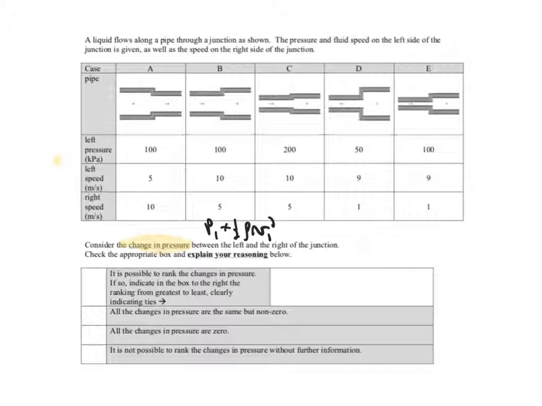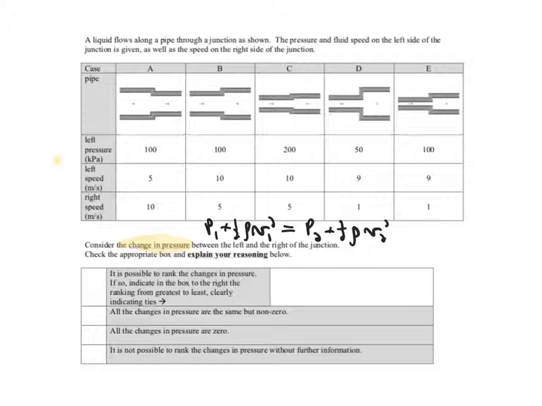So the internal spring-like energy of the fluid plus its kinetic energy should stay the same. So pressure 2 plus 1/2 rho velocity 2 squared. It's the same liquid. Liquids are generally incompressible, meaning their densities won't change from place to place, so we'll be able to treat that as just a constant between the two.